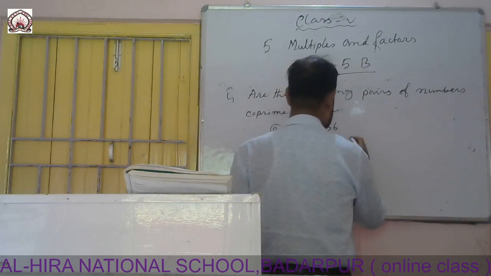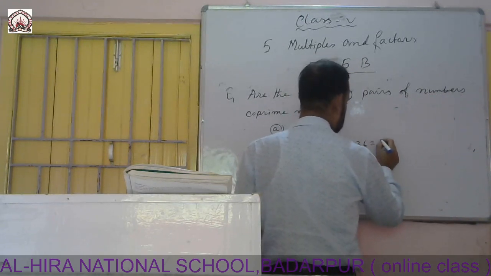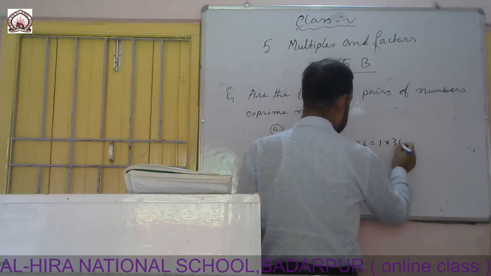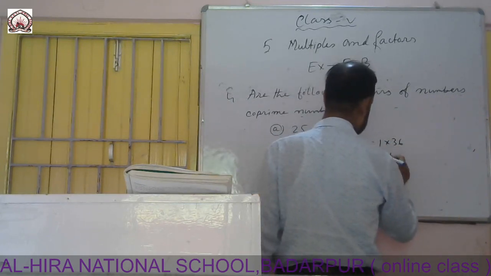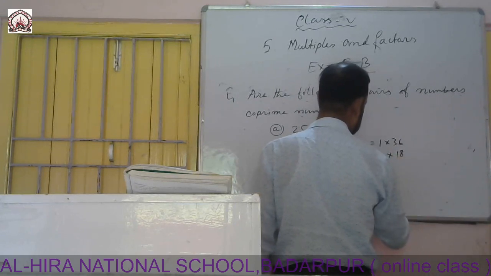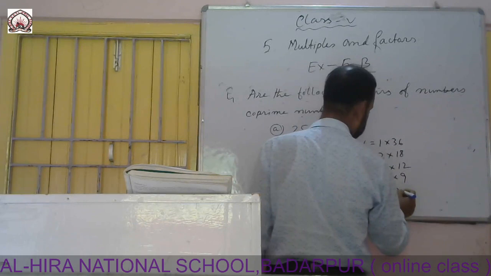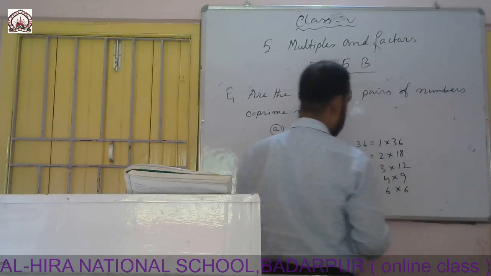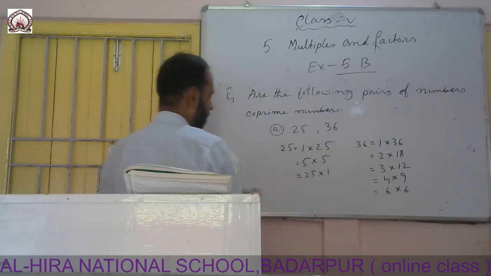Now 36: 1 into 36, 2 into 18, 3 into 12, 4 into 9, 5 not, 6 into 6, 7 not, 8 not, so up to this much.